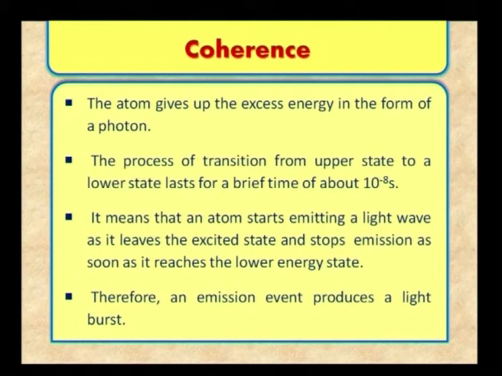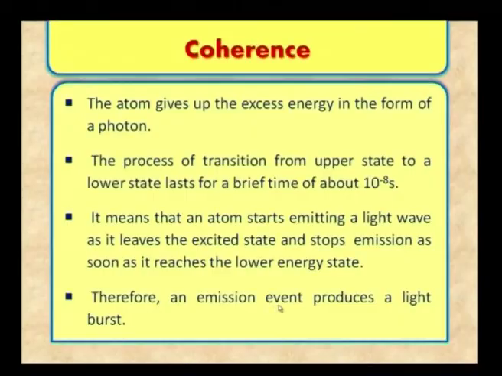It means that the atom starts emitting a light wave, then it keeps on sending waves for a period of 10 to the power of minus 8 seconds. You get a wave train, a number of waves in a period of 10 to the minus 8 seconds. That is the lifetime of the electron to stay in a particular energy level. Therefore, an emission event produces a light burst.